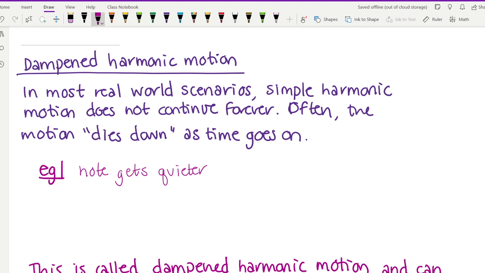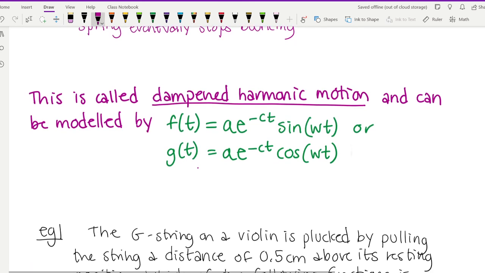That's an example of what we're calling dampened harmonic motion, waves that are getting smaller and smaller as time goes on. Another example would be a spring. A spring eventually stops bouncing up and down, right? It bounces less and less until it eventually stops.